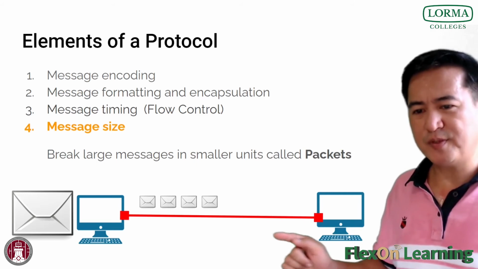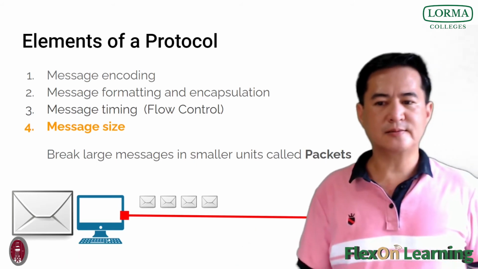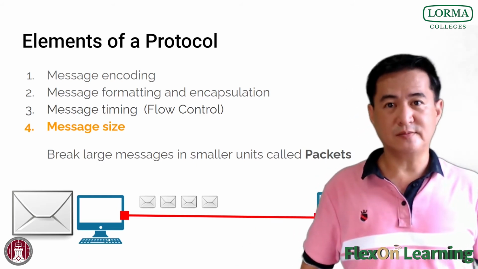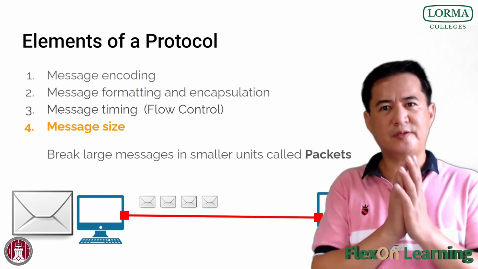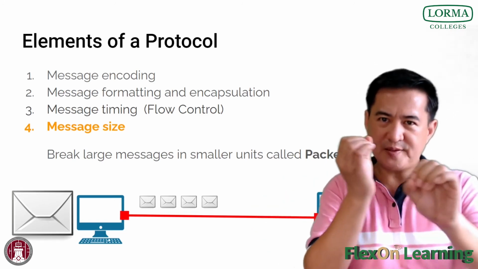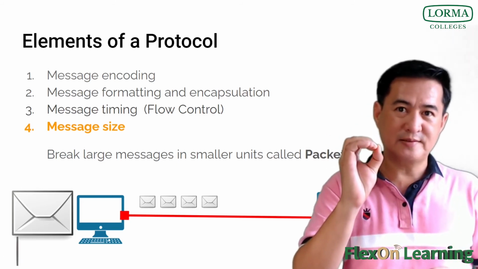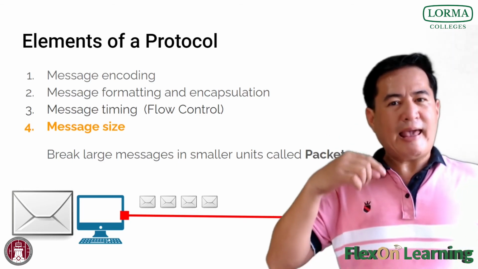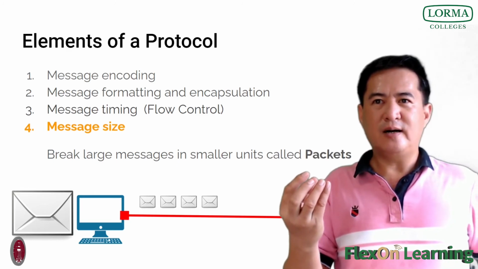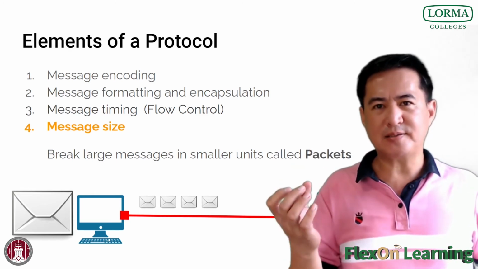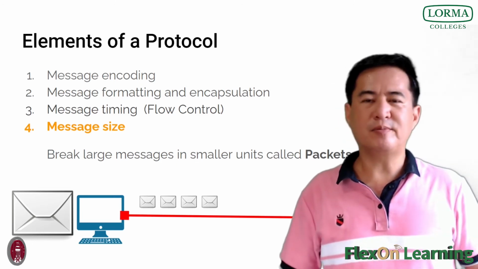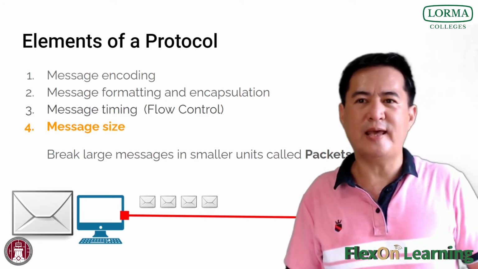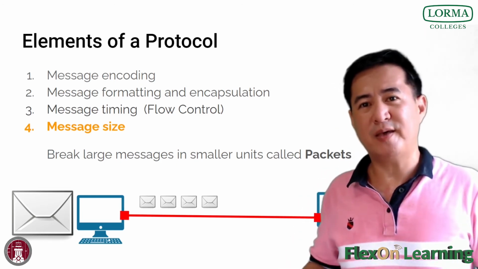Remember that the communication channel has limitations. The transmission channel has a physical limitation in terms of size, and that also entails some capacity. So a twisted pair cable probably could have 100 Mbps only, 100 megabits per second.